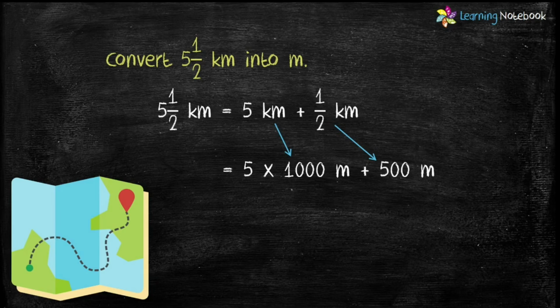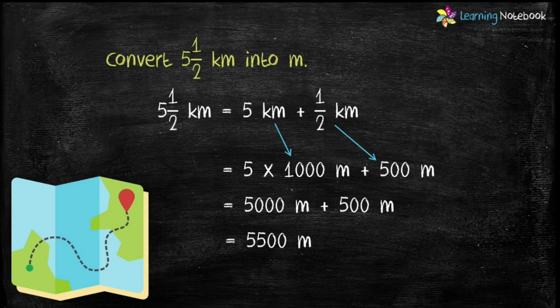Therefore, 5 into 1000 meter plus 500 meter, which is equals to 5000 meter plus 500 meter. Therefore, answer is 5500 meter. So students, this is how we convert kilometer into meter.